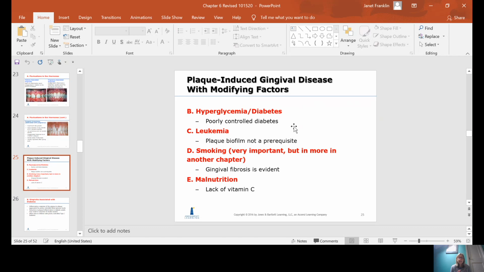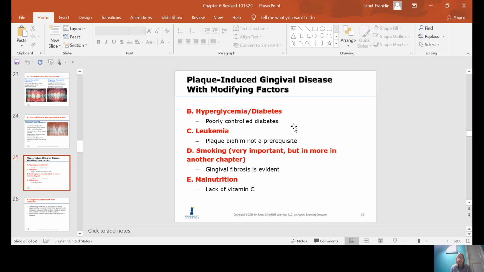Hyperglycemia, diabetes, it's from poor diabetes control or too much sugar in the blood. Leukemia is kind of a unique disease. It's not common for us to see patients with leukemia in practice, but you can. Smoking, very important.